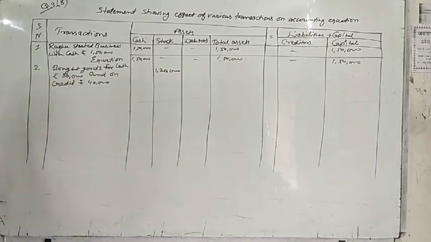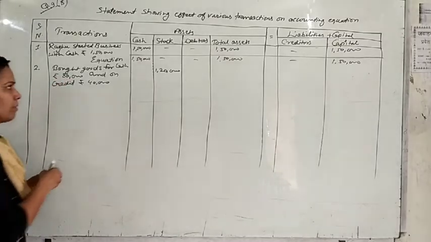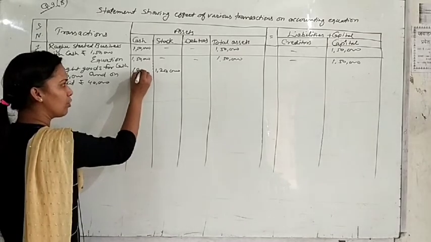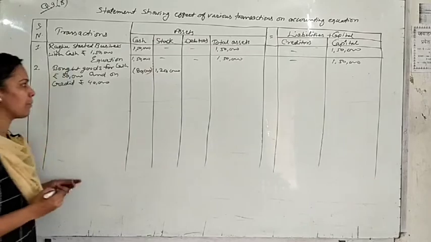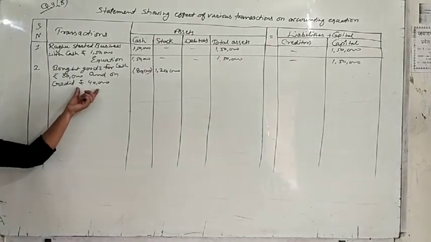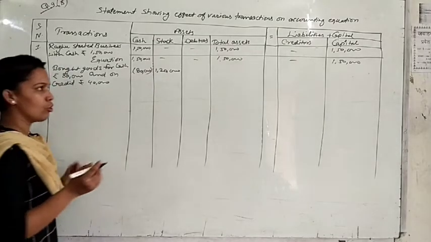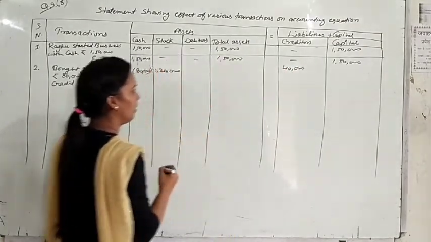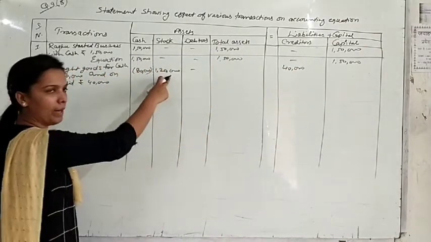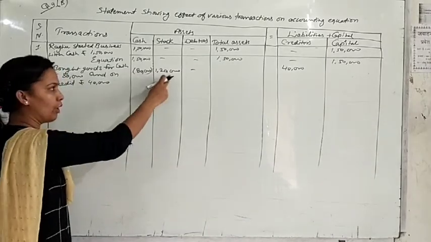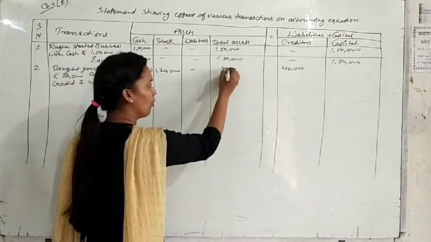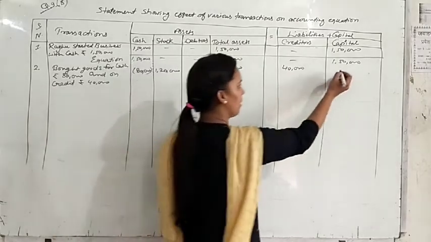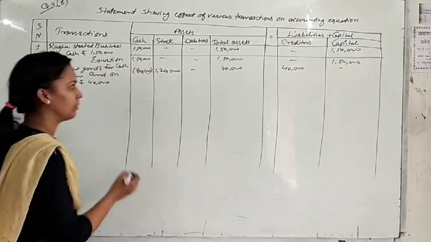Out of 120 you paid for goods 80,000, means your cash will be reduced by 80,000, and 40,000 is your liability because you purchased on credit. So this 40,000 will increase your liability, that is creditors. No effect on debtors. 120 is in plus, 80 is in minus. So 120 minus 80, 40,000 total assets, no effect on capital.